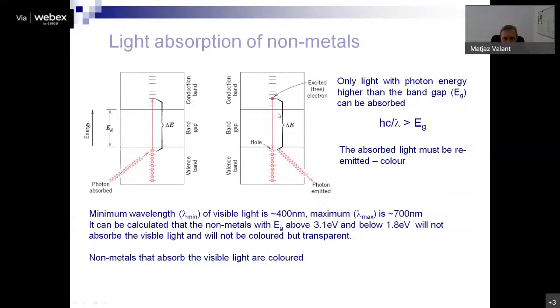And then when it comes down here, it relaxes down to the ground state and emits a photon. So all the emitted photons will suddenly have the same wavelength, so we will get the color that corresponds to this particular wavelength. So this is why some semiconductors, so non-metals, are colored, but some are still transparent.